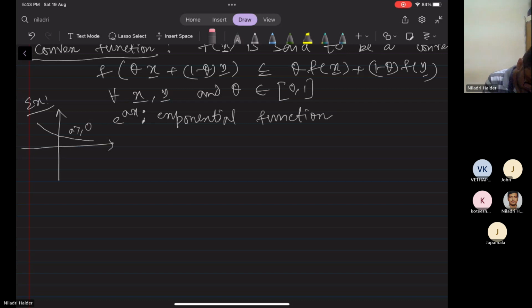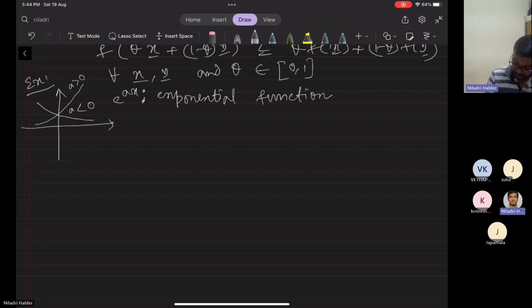Sorry, this should be a less than 0. Then it is a to the power x.